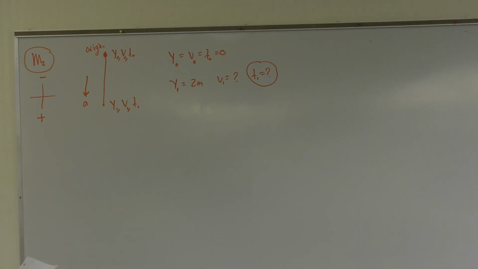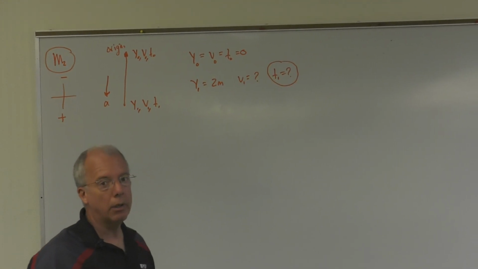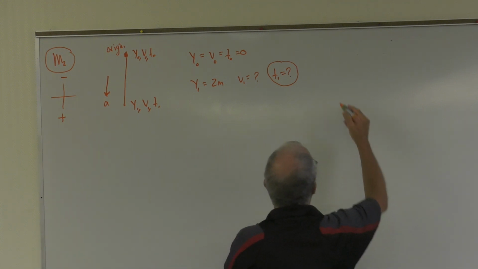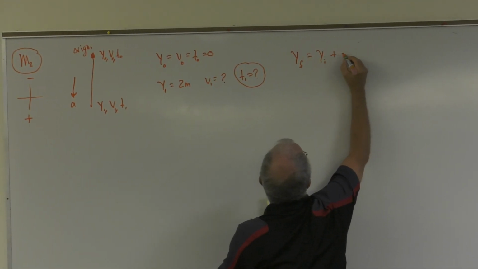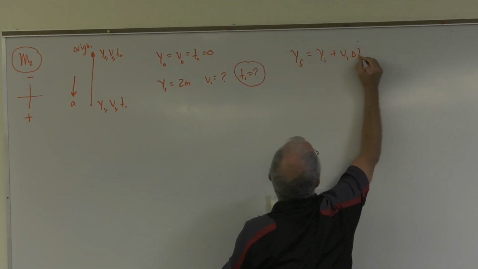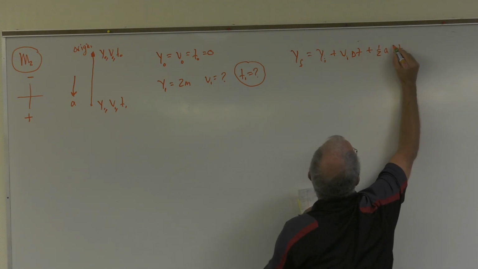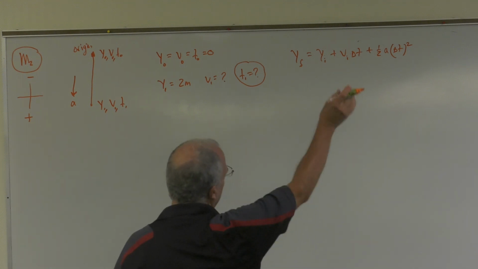Okay, so we know both y's. We want to know a t. We don't know the final velocity. What would be a good equation to use? The long one, right? The second one. So we're going to use y final equals y initial plus v initial delta t plus 1/2 a delta t squared. Well, all right, so let's just plug everything in.